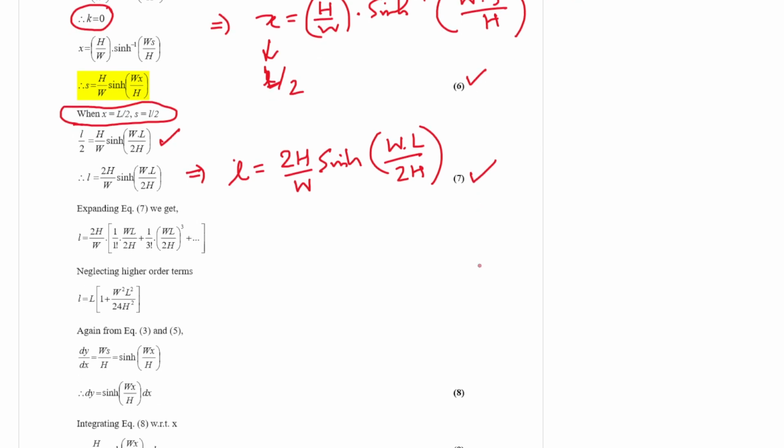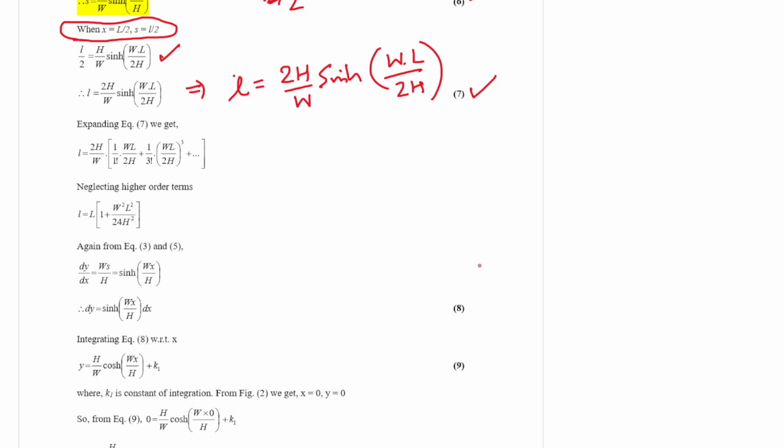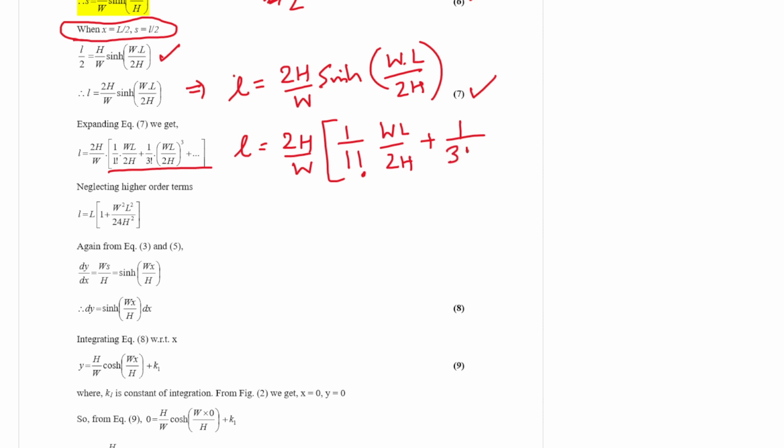So from equation number 7, if we expand, we shall get this form. So l is equal to 2h by w, which is kept outside. Now if we expand sine hyperbolic, the first term we get is 1 by 1 factorial wL by 2h, then the next term 1 by 3 factorial wL by 2h whole cube, and so on.